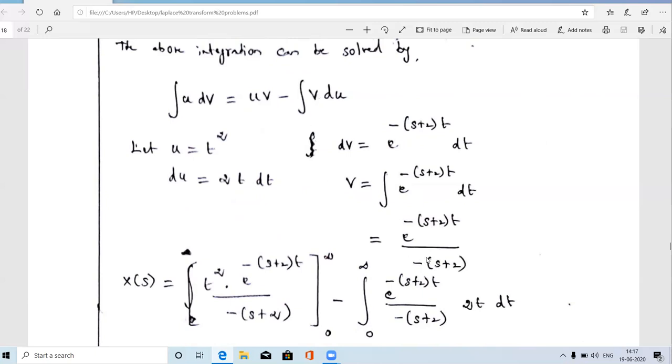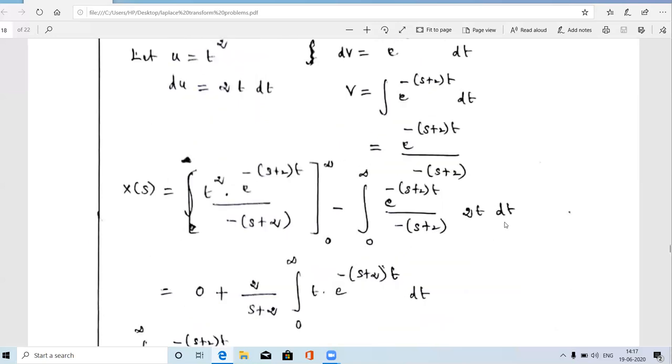Again, v is e power minus (s plus 2)t divided by this term, into du, which is 2t dt. For the first term we have to substitute the upper limit and lower limit. Wherever t is available, here t is available as t squared and in e power t is also available.